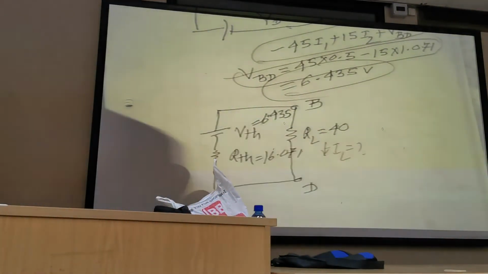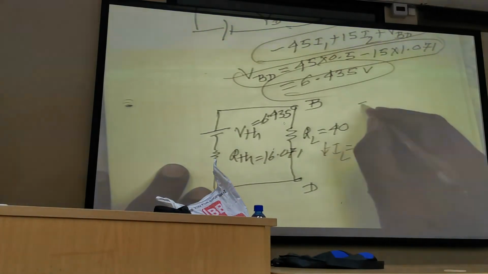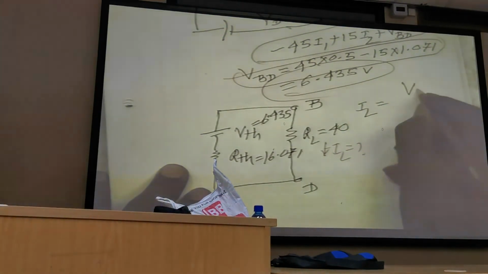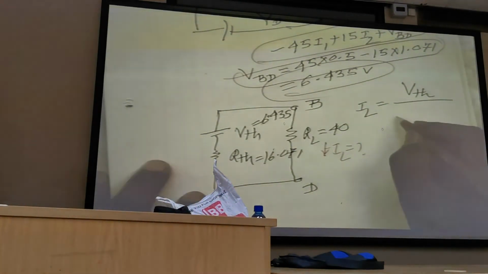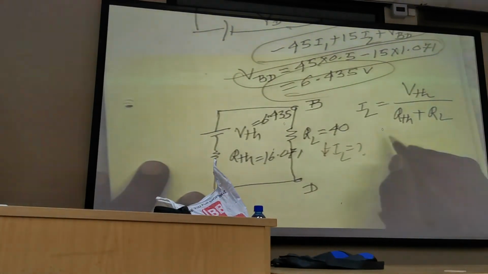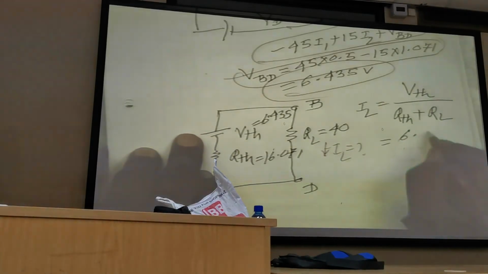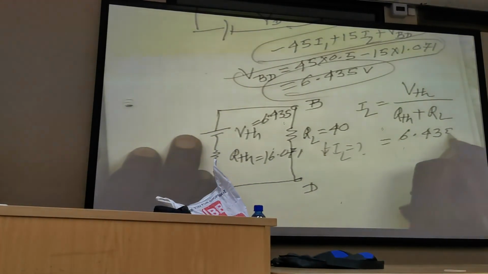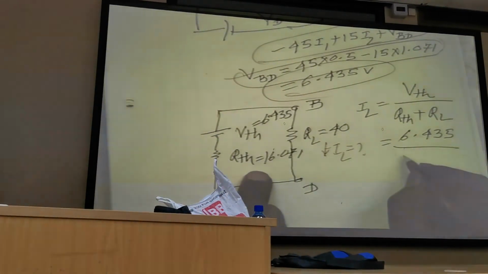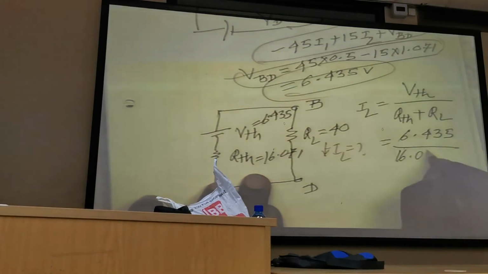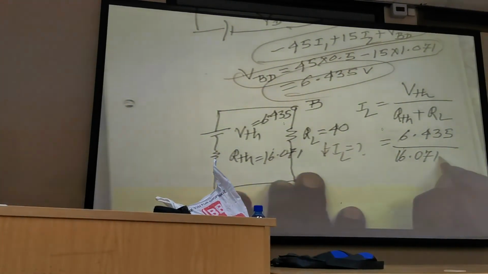So the current here, which will be the answer here, IL equal to how much? IL would be Thevenin voltage divided by Thevenin resistance plus RL. This formula is always the same formula, right? So 6.435 divided by 16.071 plus 40.